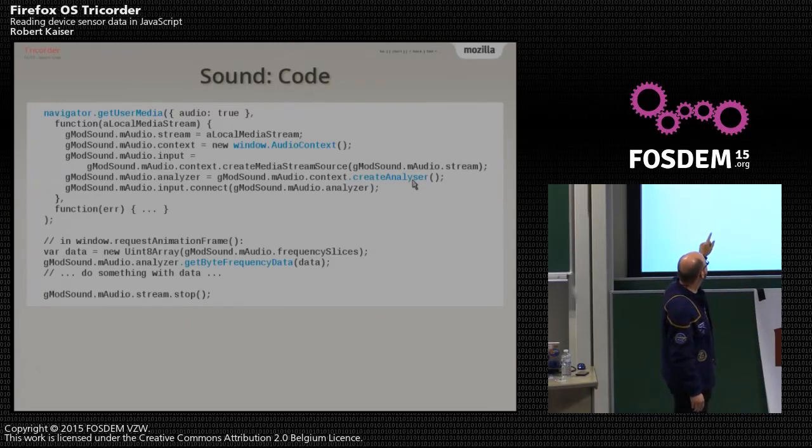What you still need to do is, in my case, I'm displaying it graphically, so I'm doing a loop with requestAnimationFrame, so that every time we are able to display a frame, we call this function to actually display something. In there, we create an array, a fixed typed array in this case, and this is a C-inspired API.